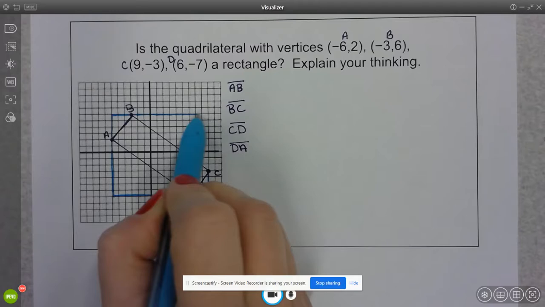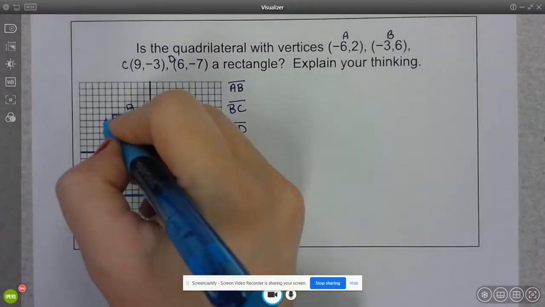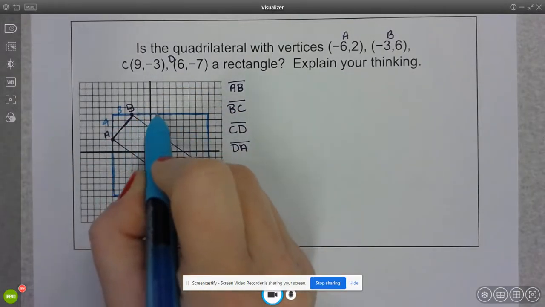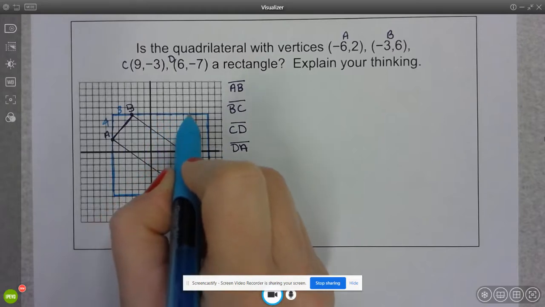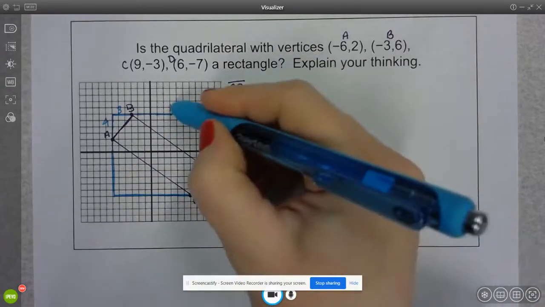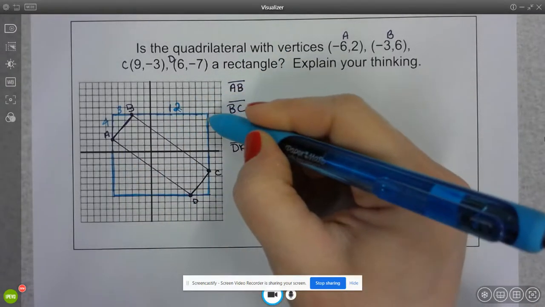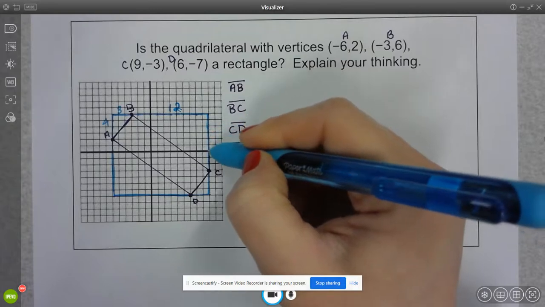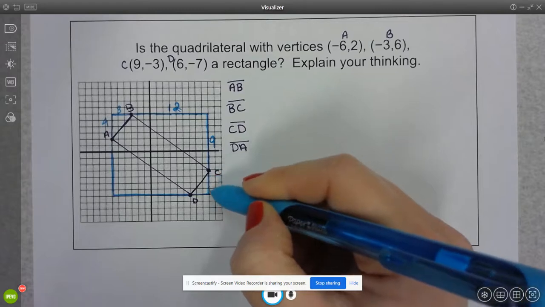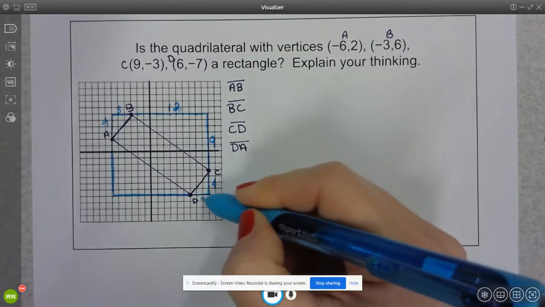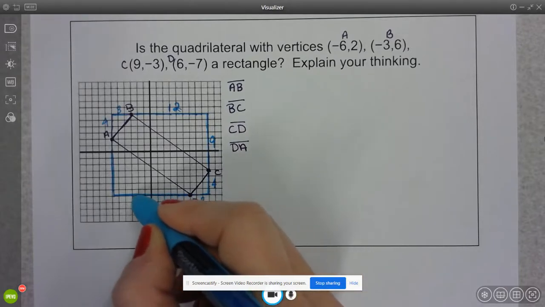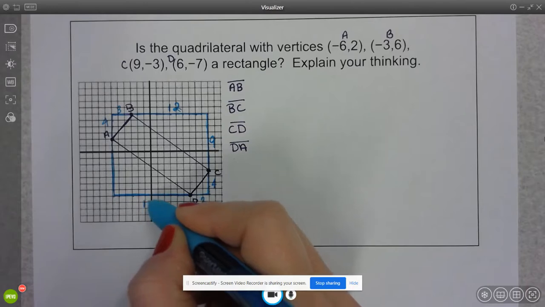So let's see, 1, 2, 3, 4, and 3. 1, 2, 3, 4, 5, 6, 7, 8, 9, 10, 11, 12. And then 1, 2, 3, 4, 5, 6, 7, 8, 9. 1, 2, 3, 4, and 3. 5, 6, 7, 8, 9, 10, 11, 12.